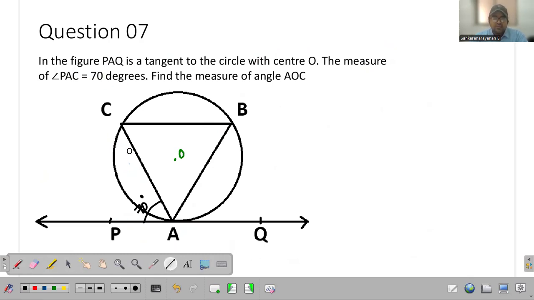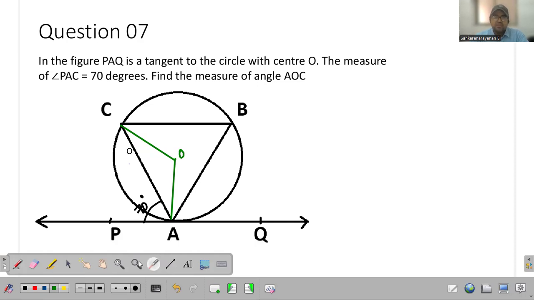So let me do a small construction here: A to O and O to C. What is the measurement of this? Very easy. Refer to the concept related to the alternate segment theorem that I have explained.